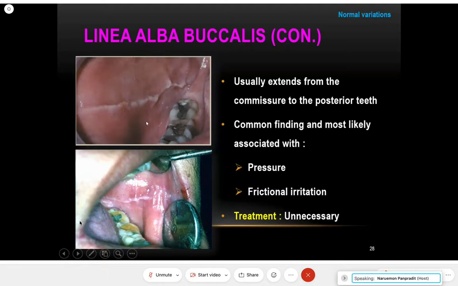Or someone who chews on only one side may show more evidence than on the other side. Or someone has teeth on only one side and no teeth on the other side, maybe this appears on only one side because it's related to the friction. So if you see this, you just tell the patient it's just frictional keratosis from the friction. So you don't need to do any treatment.